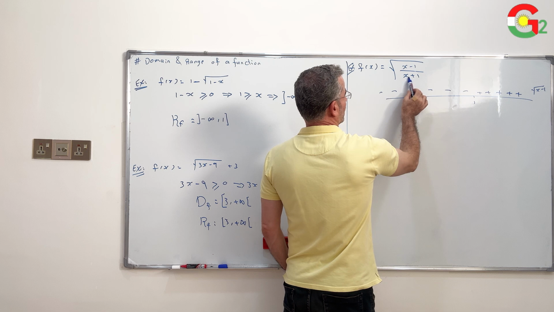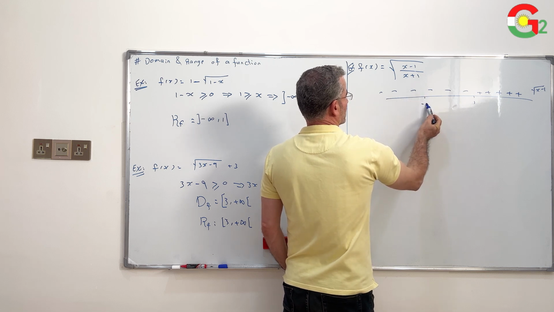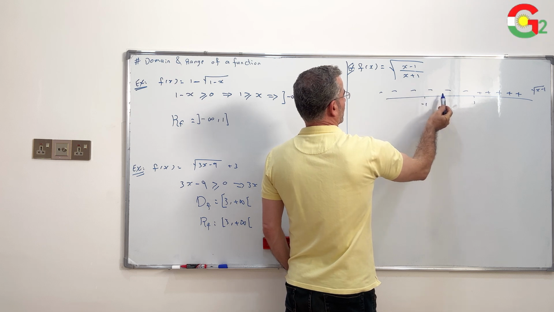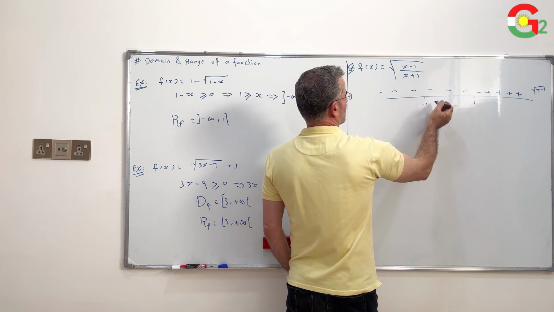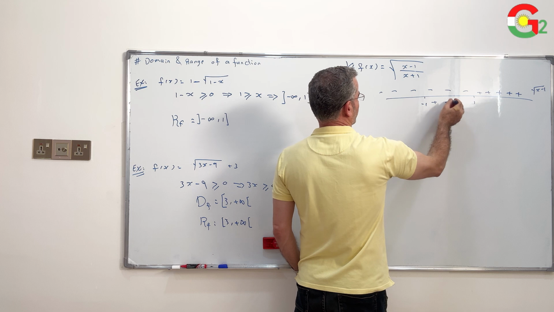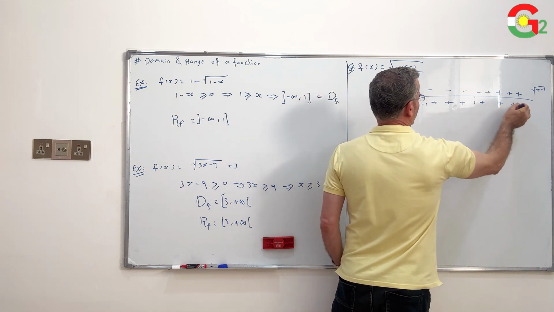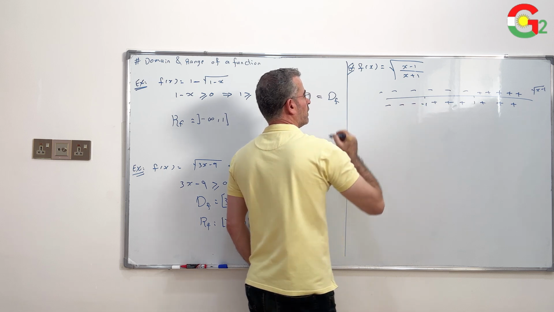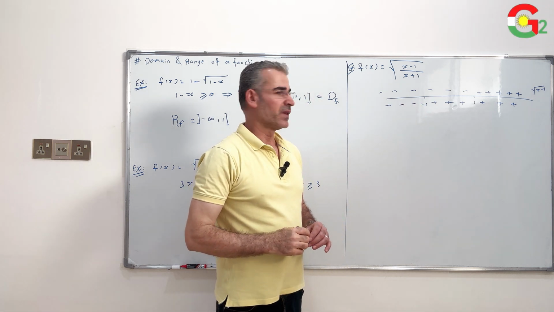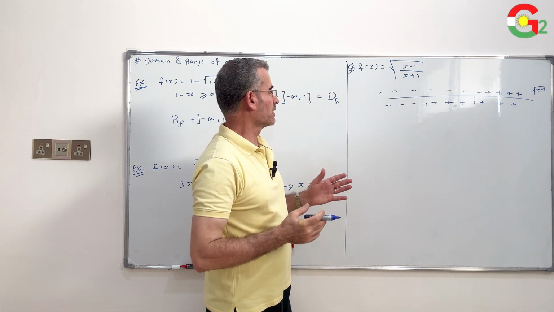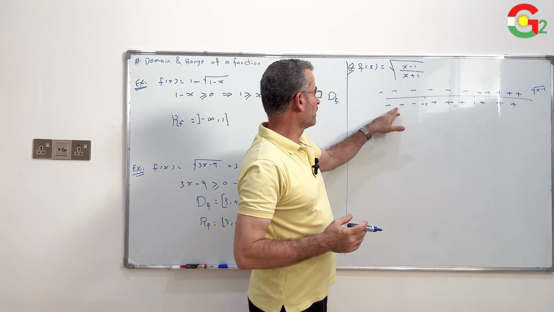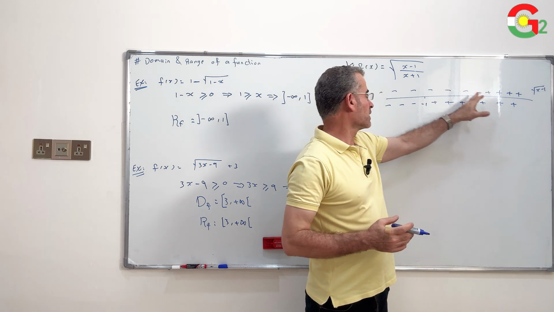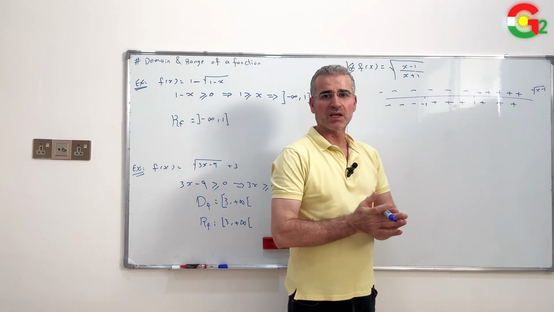Now, for the denominator, when x is greater than negative 1, the value is positive. When x is less than negative 1, the value is negative. Then, where is it positive? Negative over negative is positive. Positive over positive is positive. Positive over negative is negative.